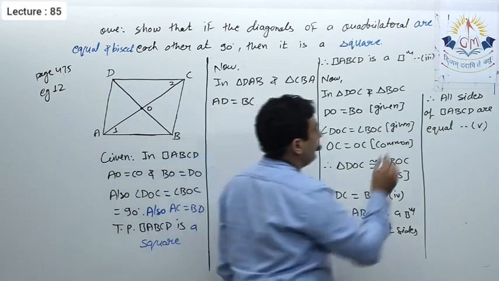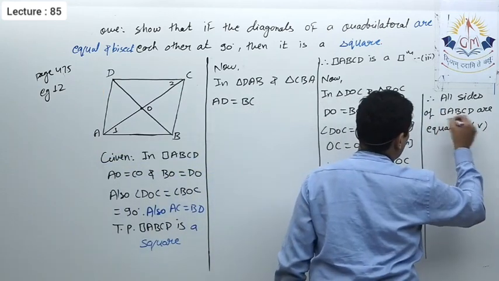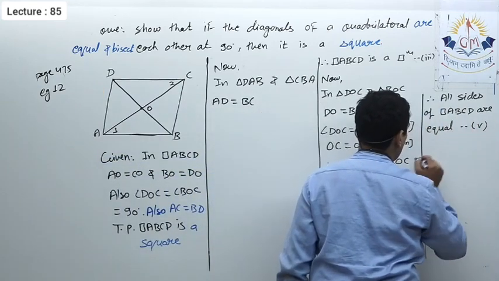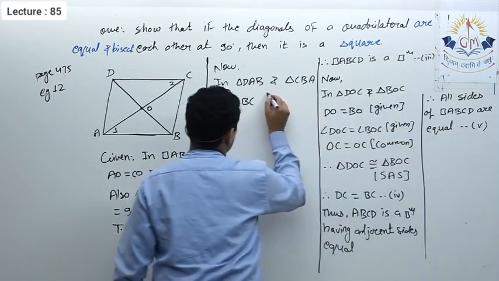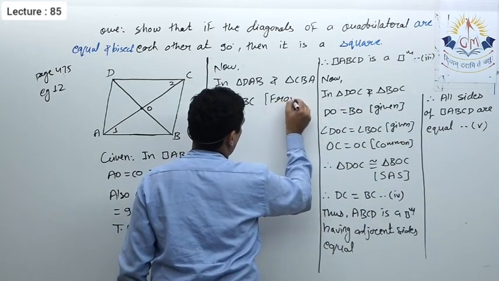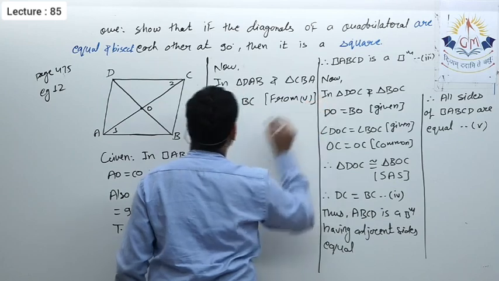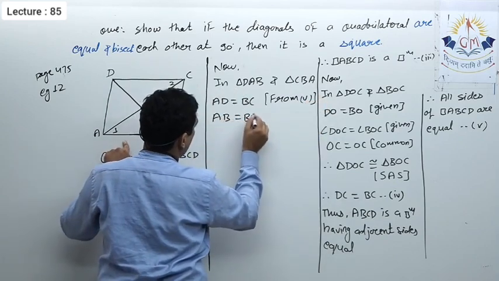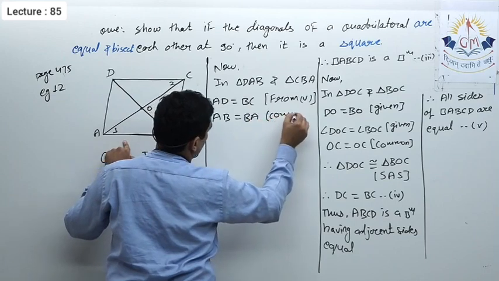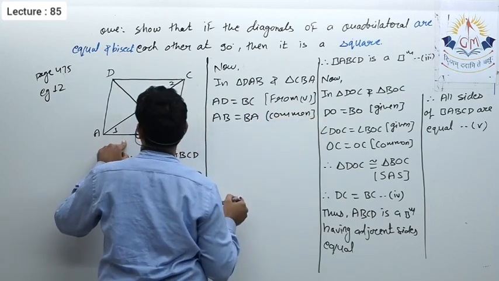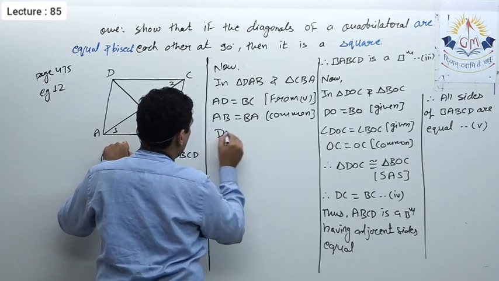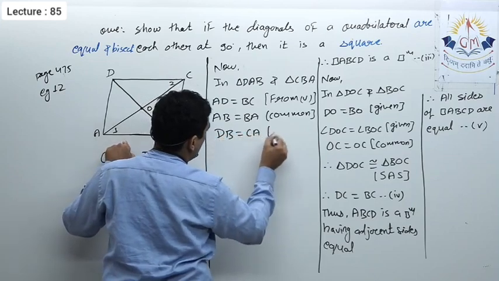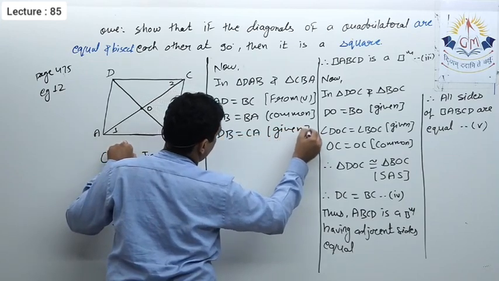I can say all sides of quadrilateral ABCD are equal. So from 5, AB equal to BA, that is common, and DB is equal to CA, that is given.